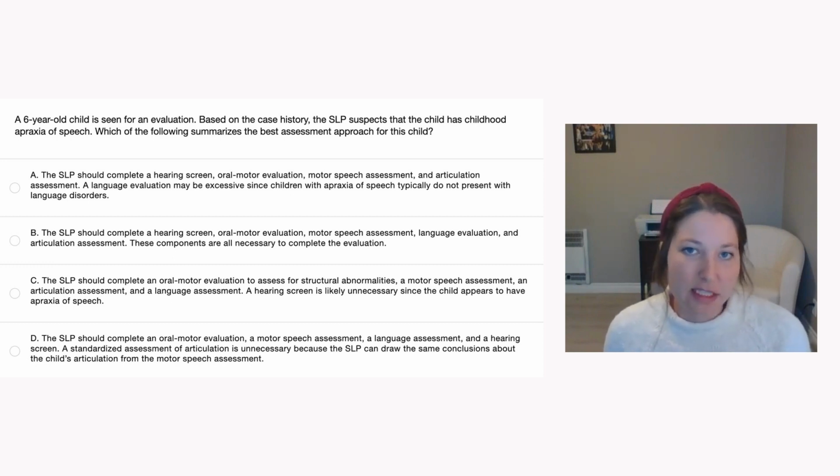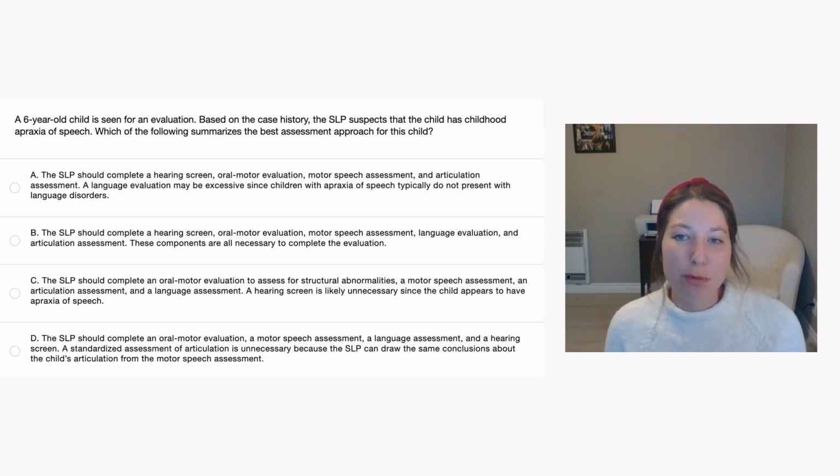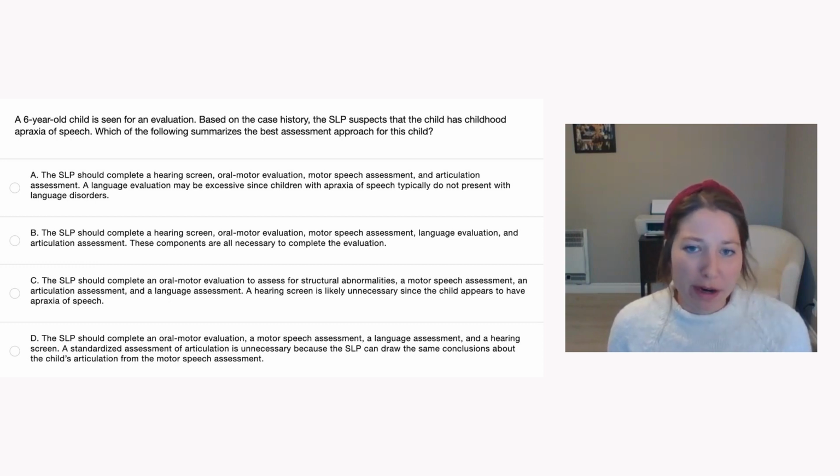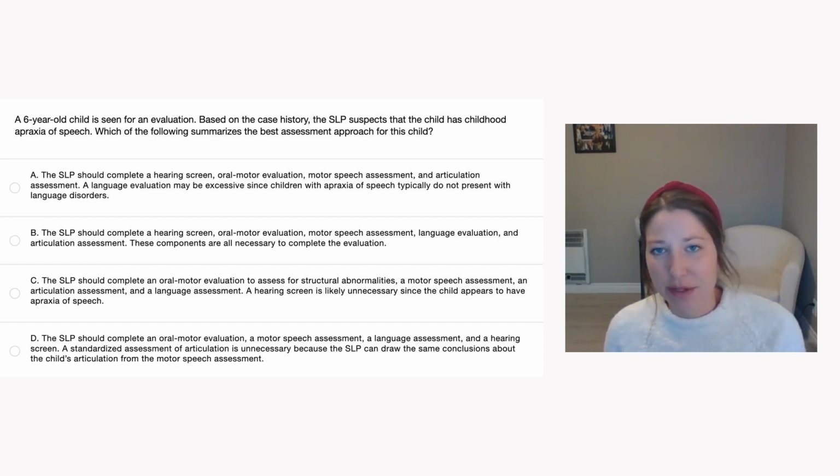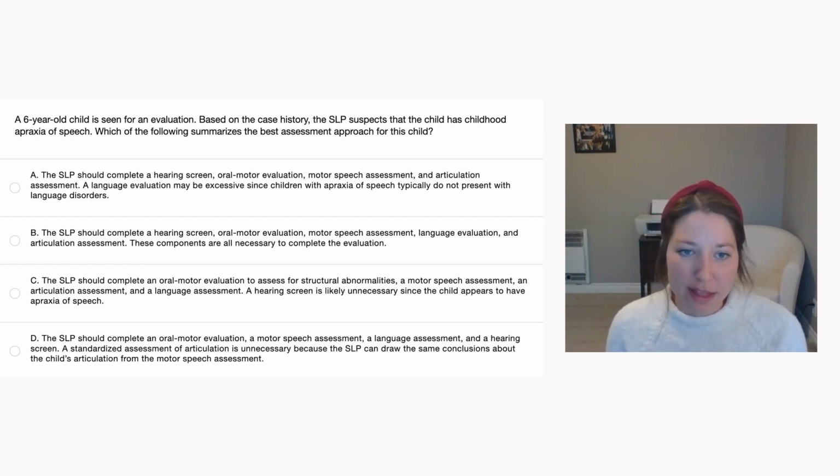There are many different pieces to each answer choice, and so you have to evaluate each part individually. Even if one part is correct, if the other part of the answer is incorrect, you can eliminate that.